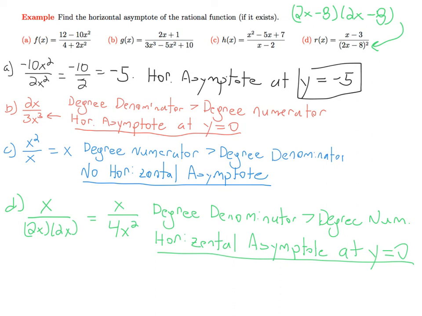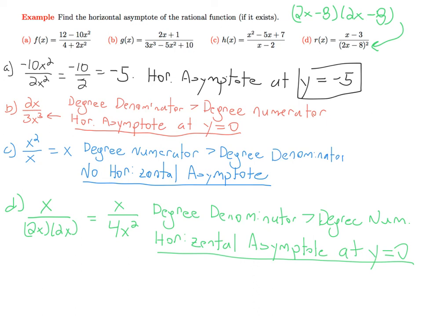Just to summarize what we did in this example, we look at the ratio of the leading terms. If the degrees of the leading terms are equal, then we get a horizontal asymptote at the ratio of the leading coefficients, such as in A. If the degree of the denominator is larger than the degree of the numerator, so if the bottom has a larger degree than the top, like in B and in D, then we get a horizontal asymptote at y equals 0.